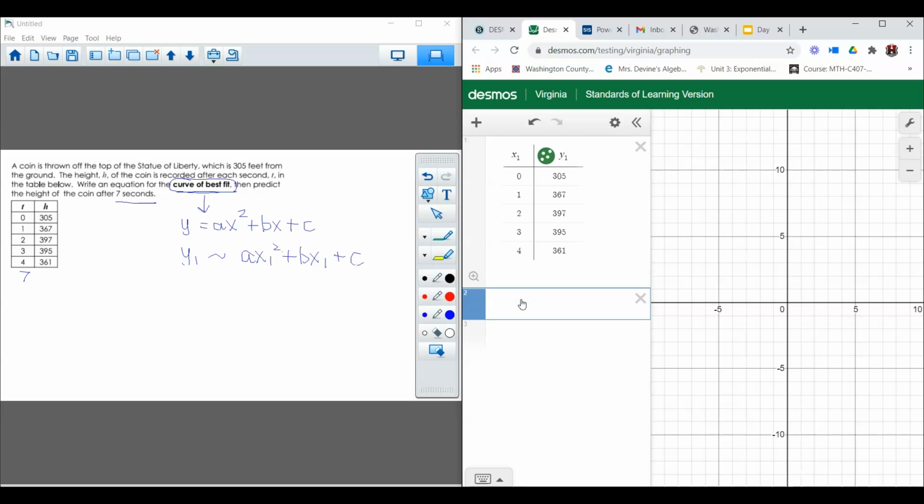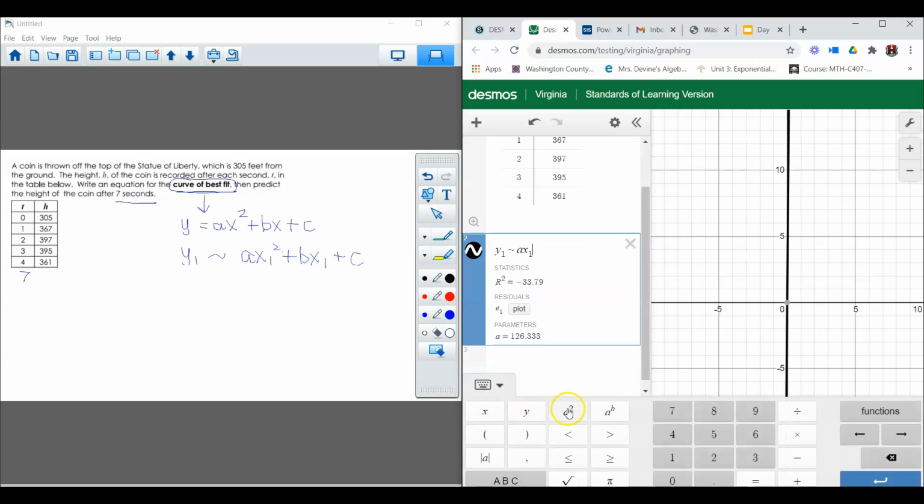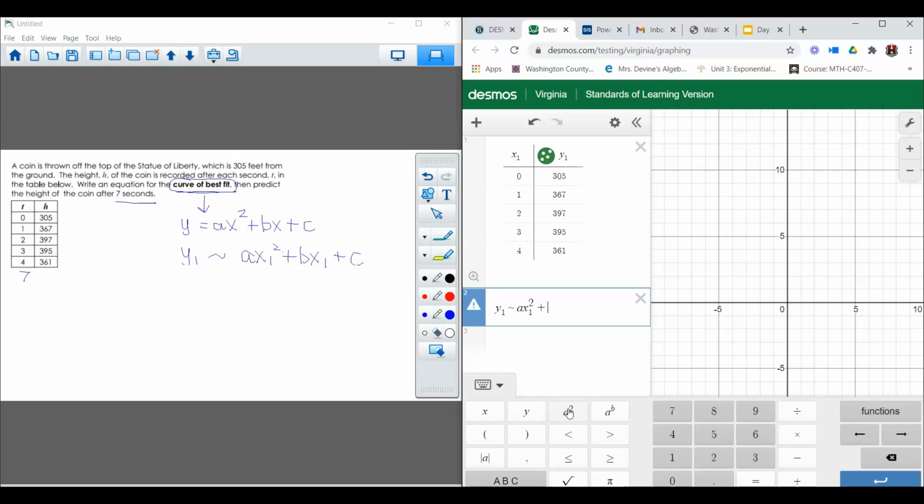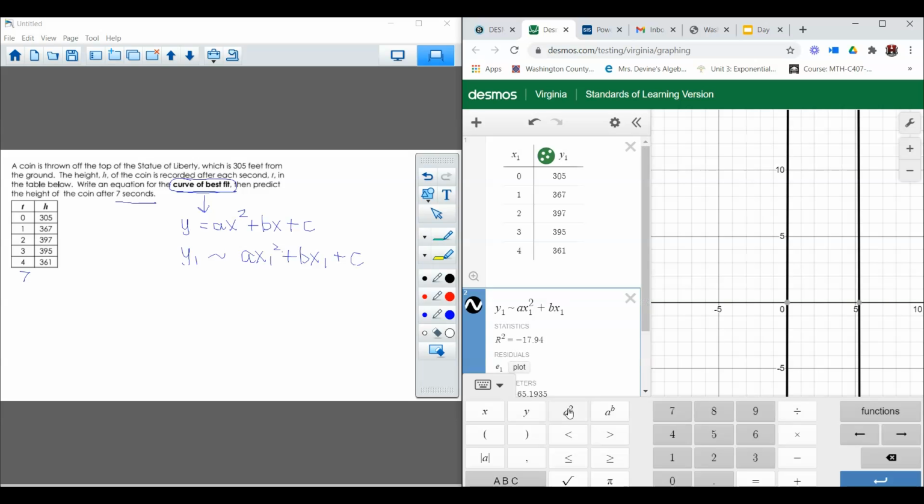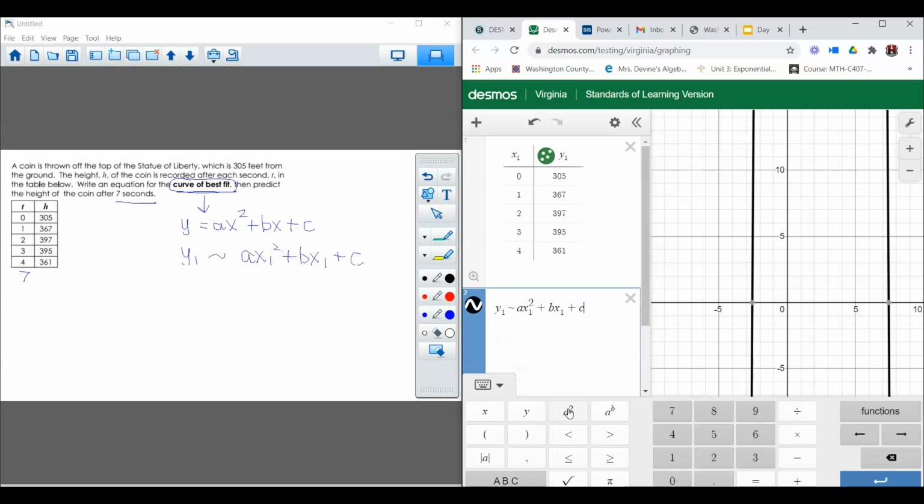So there's my table. I'm going to do y1 squiggle ax1 squared, so I have to hit my a squared button, plus bx1 plus c.